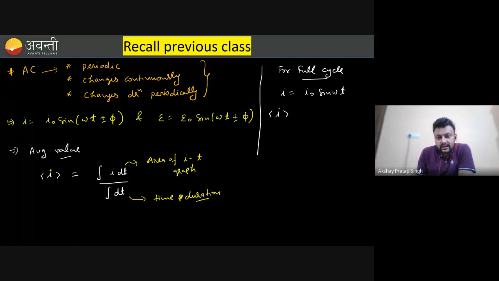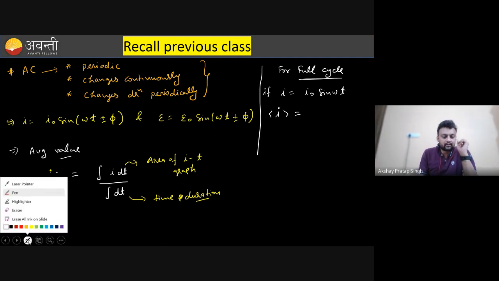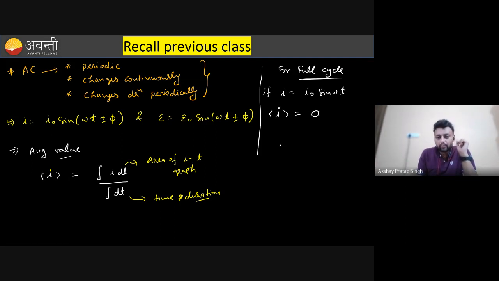Anyone remembers what is the value of average current for full cycle? Anyone? It is zero. The average value of current is zero for full cycle.